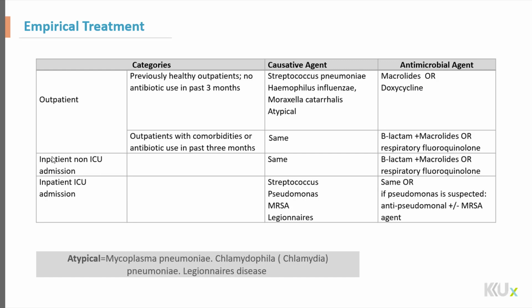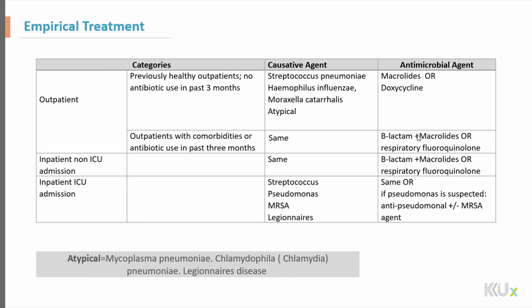When I have a patient who is coming with comorbidities or antibiotic use in the past 3 months, however, he fits the criteria for being outpatient, we suspect the same organisms. In this case, we have to treat both. The idea is to cover both atypicals specifically and Streptococcus pneumoniae.